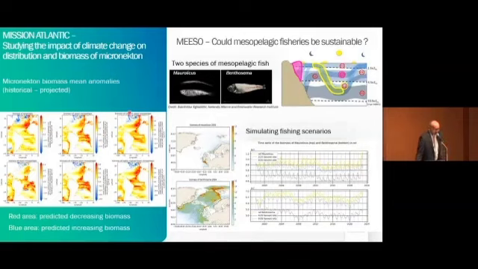And the other one is the MISO project. The idea was to study the impact of harvest on two species of micronekton, which are Maurolicus and Benthosema.